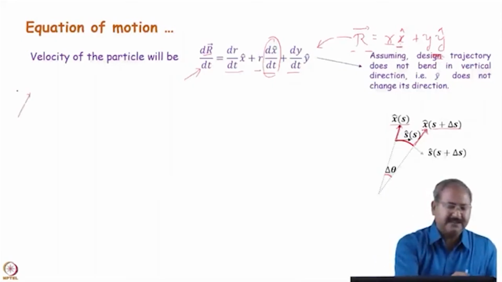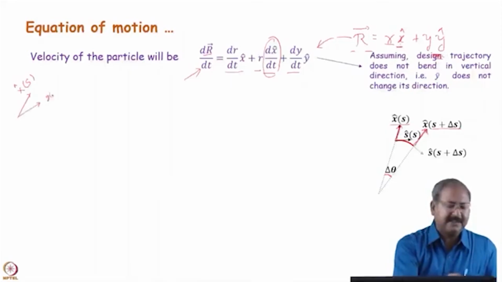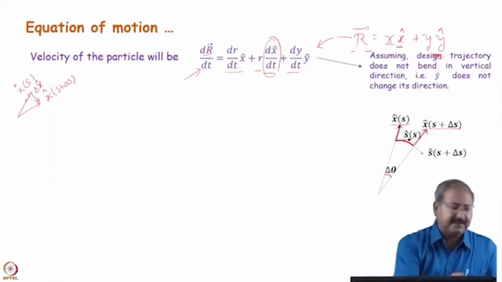This is the x cap at S, and we put the tail of the second vector also here. So this will be x cap at S plus delta S. So this vector will show you delta x cap, and this is the delta theta angle.